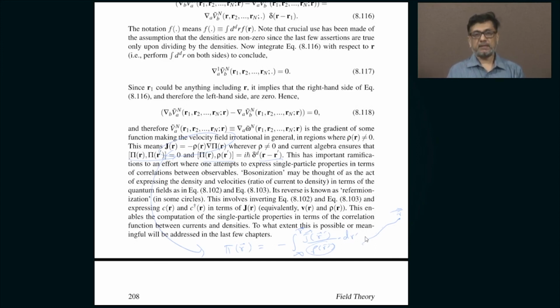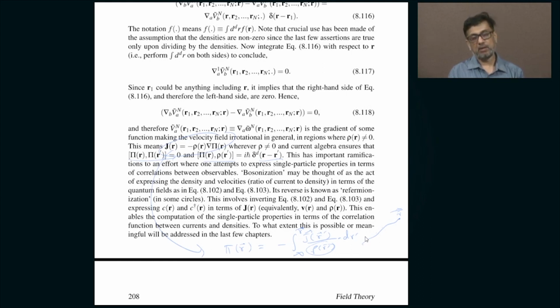Now the velocity can be expressed as minus gradient of a scalar only at points where rho is not 0, because only when rho is not 0 you can rewrite pi that way. But when rho is 0, the current is also 0, and then the definition of pi becomes ambiguous. That means there need not be any such pi. So, velocity is free to do what it wants.